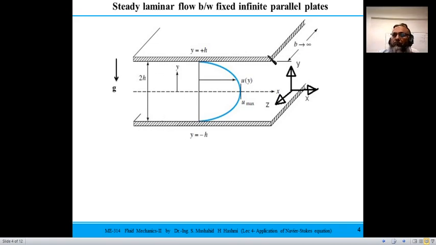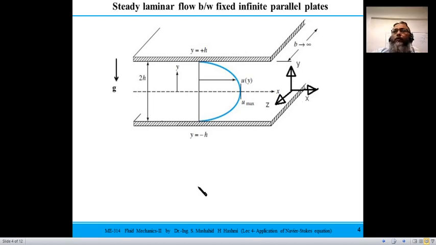For illustration, b is the width of the plate in the z direction, x is the direction parallel to the plate, y is the direction perpendicular to x, and z is the direction out of the slide. Here acceleration due to gravity is acting in the negative y direction.